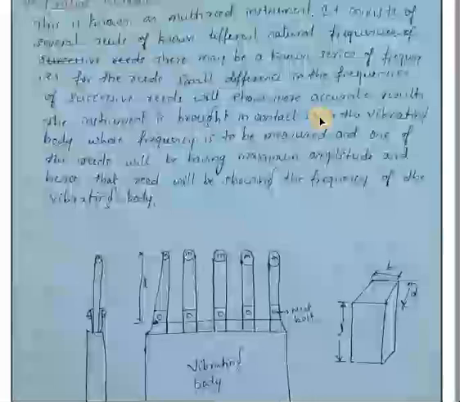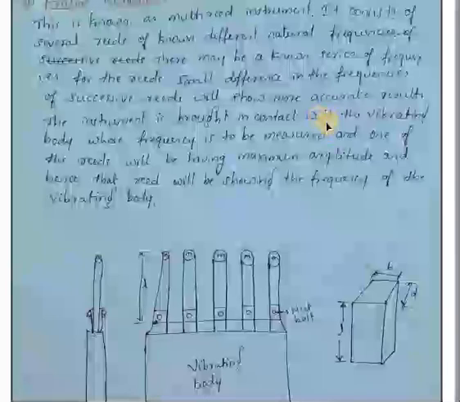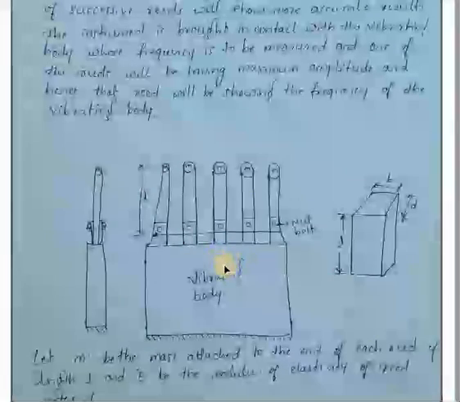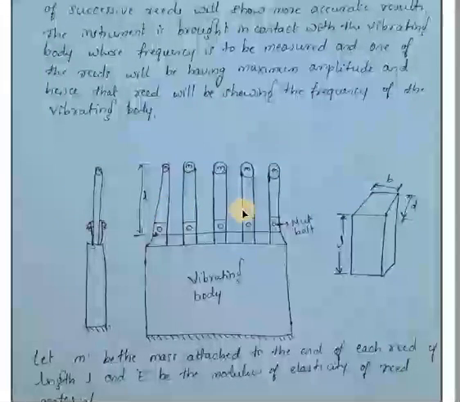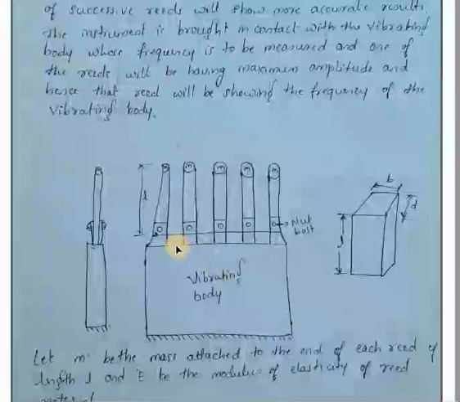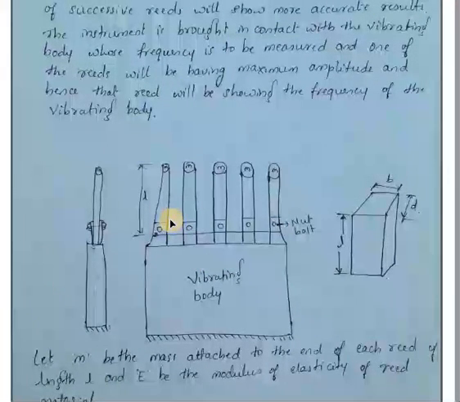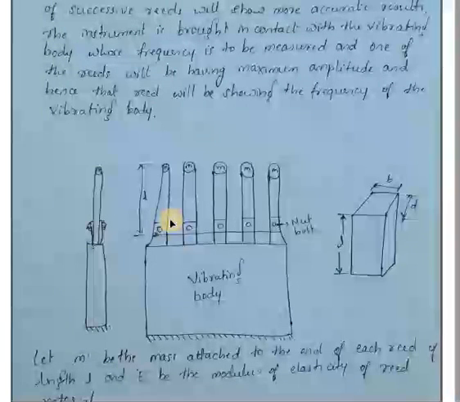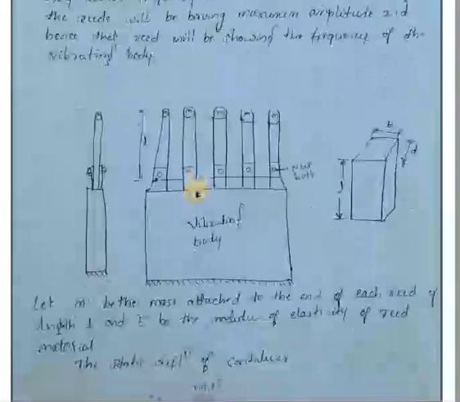The instrument is brought into contact with the vibrating body whose frequency is to be measured, and one of the reeds will have the maximum amplitude. Here, this is the vibrating body, and these are the number of strips with known frequencies, and this instrument is brought in contact with the vibrating body. Among these strips, one of the strips will have the maximum amplitude.